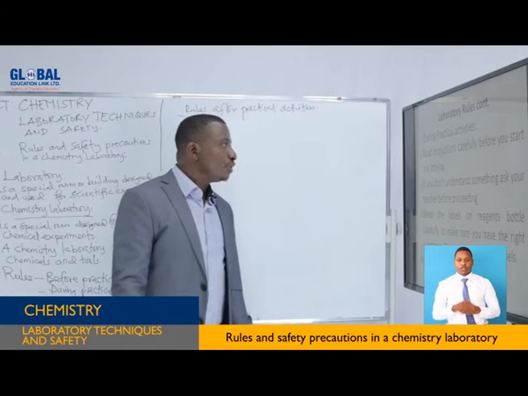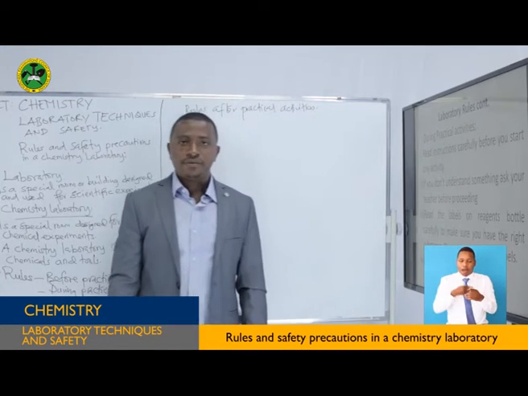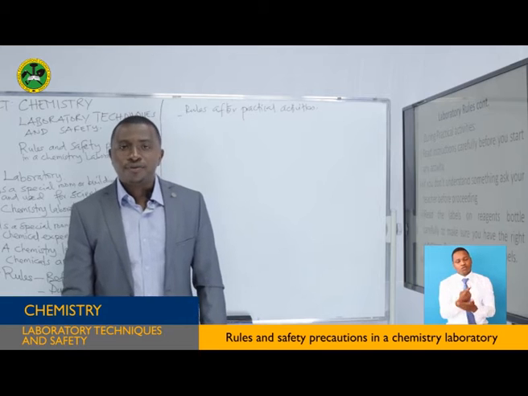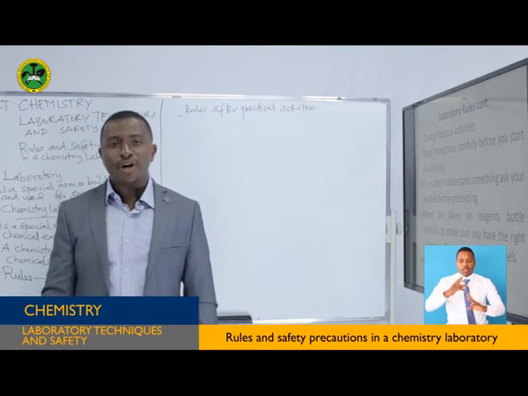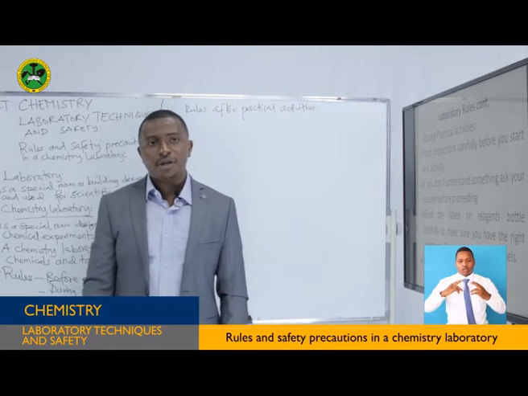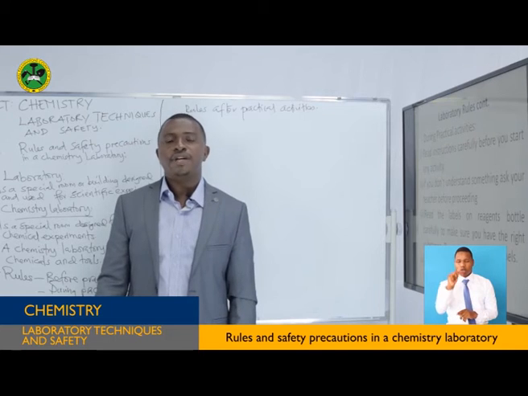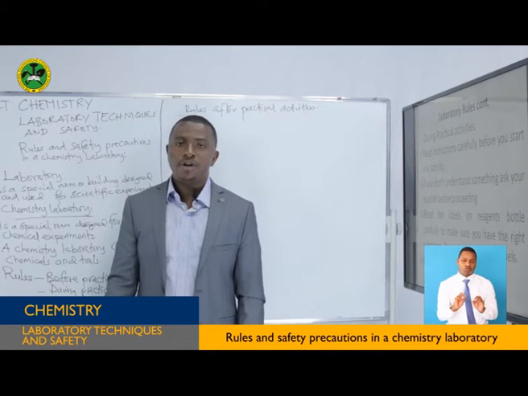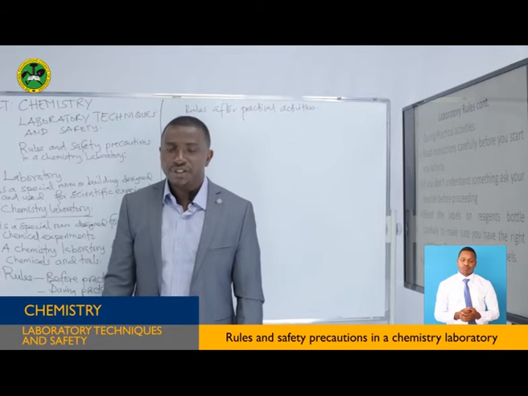Rule number 2 during practical activities: if you don't understand something, ask your teacher before proceeding. This is very important. If you go to the laboratory and you are now starting your experiment, please, if you don't understand anything, you better call for assistance from your teacher, laboratory assistant or laboratory technician.